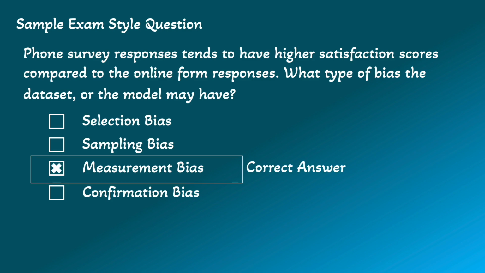For this question, the answer is measurement bias because it's a systematic error in the data collection process. In this case, the phone survey responses are influenced by the interviewer, and that is why it is resulting in higher satisfaction score compared to the online form responses.